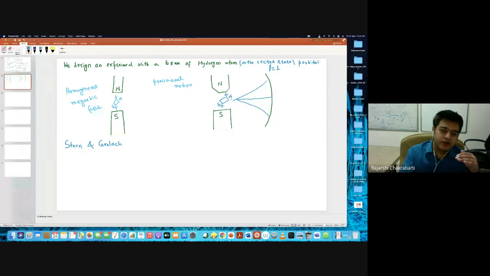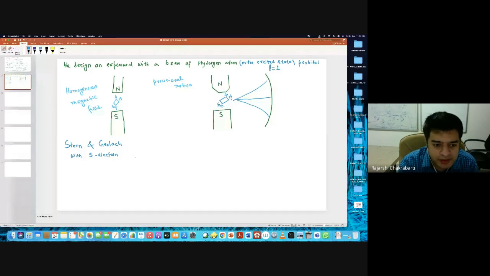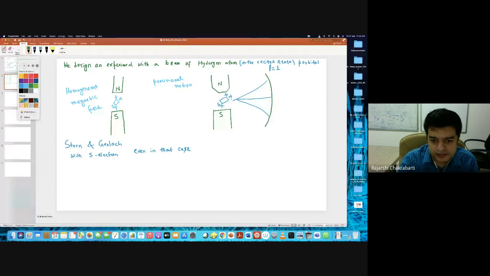But instead of taking hydrogen atom in the excited state, they did the experiment with, say, silver atom or sodium atom, with actually an s electron, the closed shell kind of thing, and then an electron sitting in the s orbital. And even in that case, what they found was that on the screen you get 2 spots instead of 1.